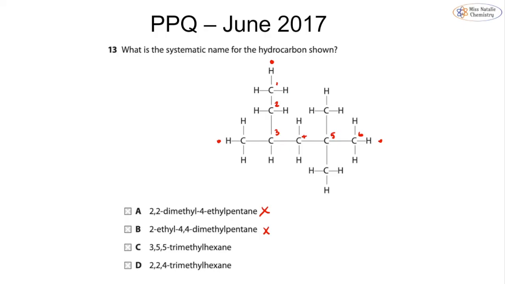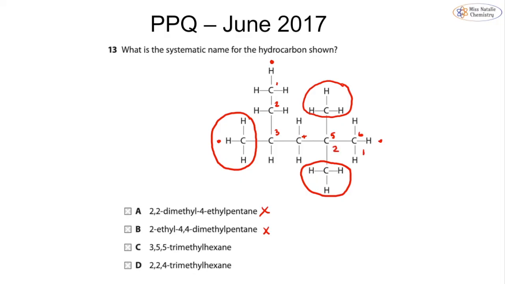We also can see that we have got 3 branches. We have one here, a second one here, and a third one here. And we can see that in our substance that it's trimethylhexane. Now we need to figure out, are these on carbon number 3 or carbon number 5? 3 and 5 are carbon numbers 2 and 4. So I'm going to number both ways, just to double check.